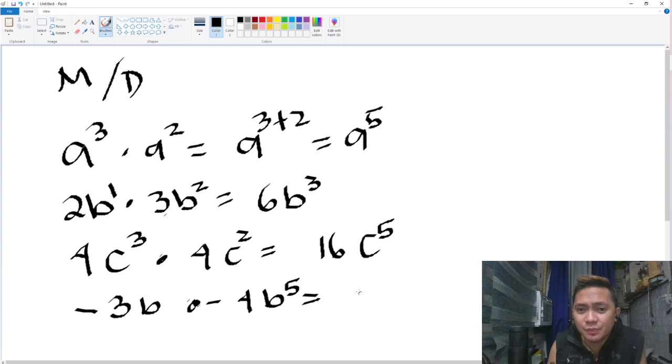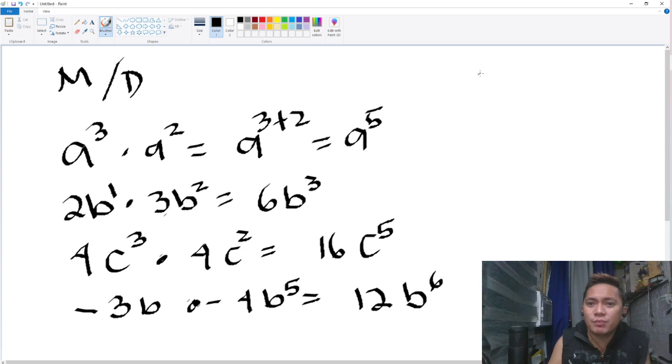Therefore, negative 3 times negative 4, that is positive 12. Okay, magiging positive na po yun as long as they are both negative. Multiply or find the product of negative 3 and negative 4. Then add the exponent. Therefore, that is b raised to 1 times b raised to the 5th power. Then add 1 plus 5, that is 6.